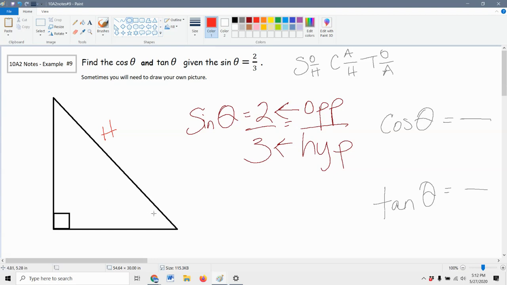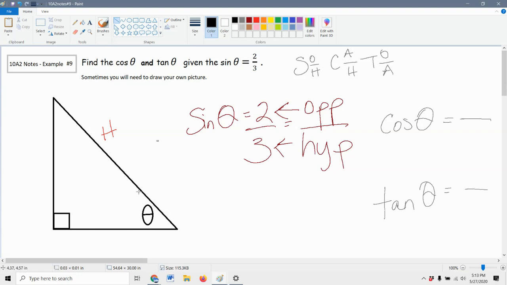We need to place our theta. We put it here last time. Let's go ahead and put it here this time. It doesn't matter where you draw theta, but it does matter that you draw it because when you are labeling your triangle for your adjacent side and your opposite side, those sides are with respect to theta.